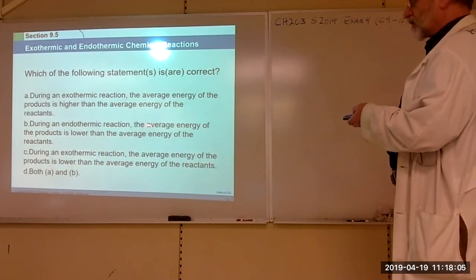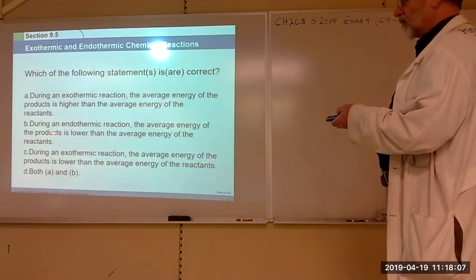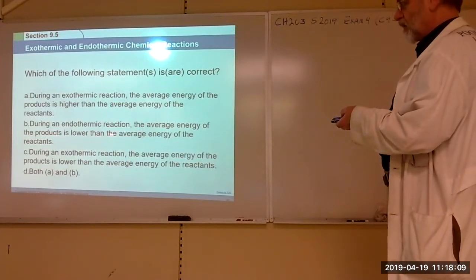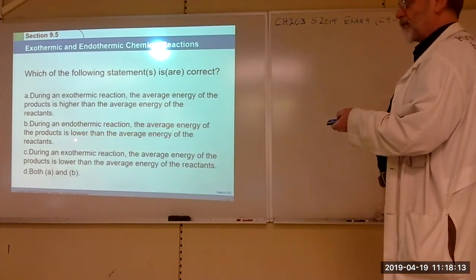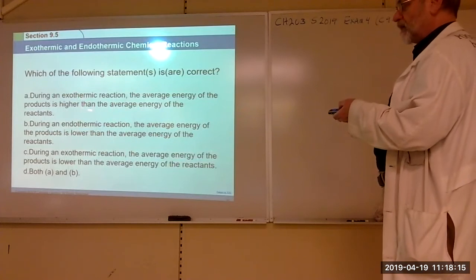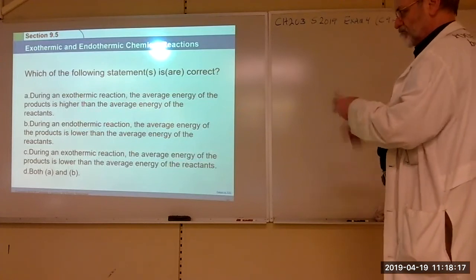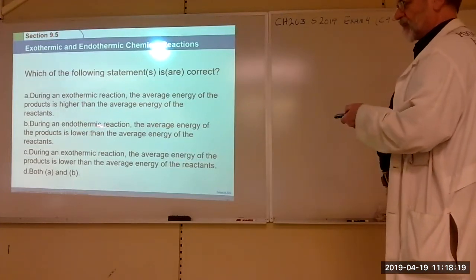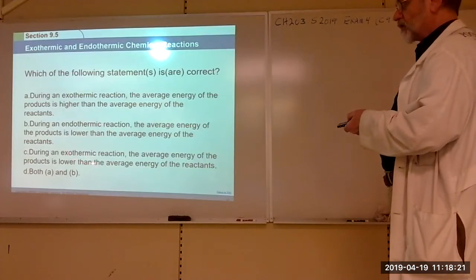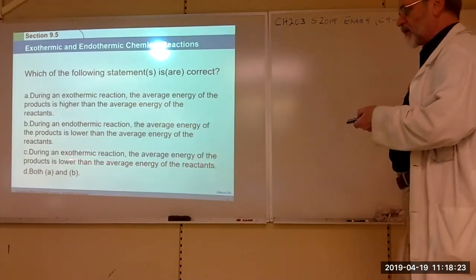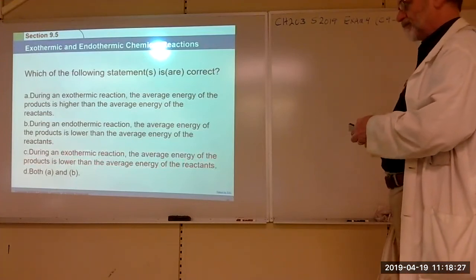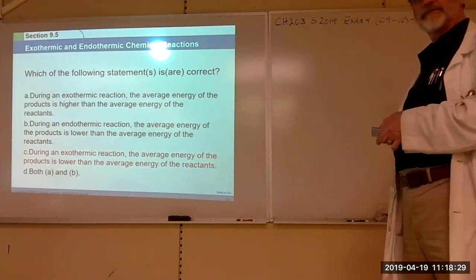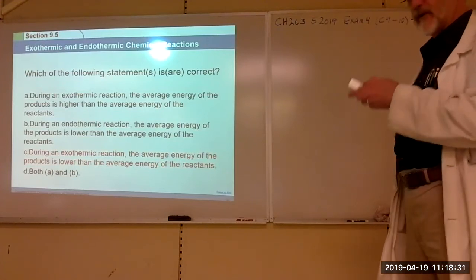During an endothermic reaction, the average energy of the products is lower than the average energy of the reactants. That's just the opposite. These two need to be switched, parts of them, to make them true. So during an exothermic reaction, the average energy of the products is lower than the average energy of the reactants. C is true. A and B are false. And consequently, D is false.